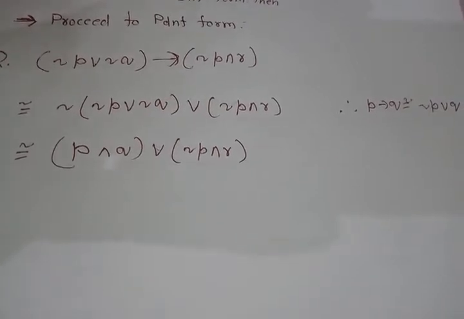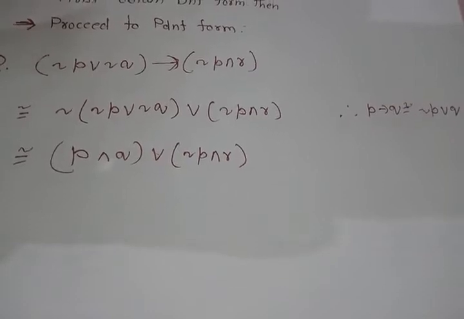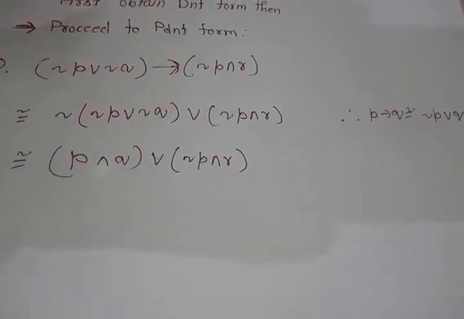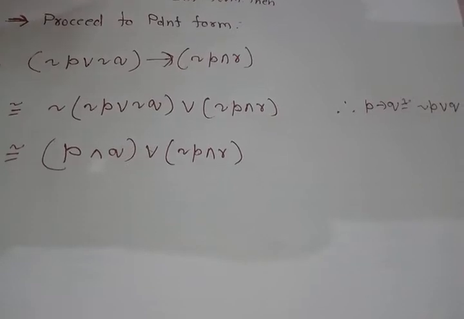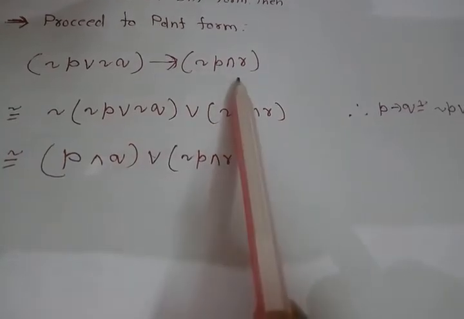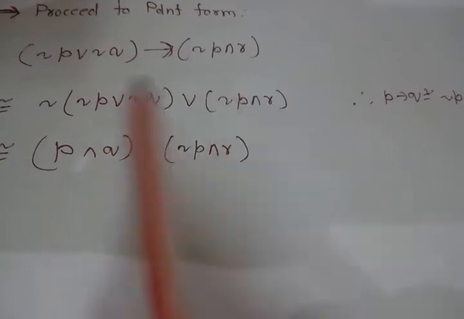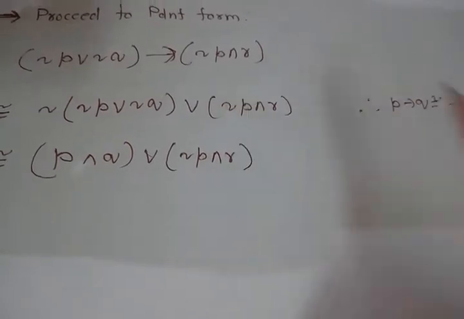To obtain the PDNF form, we see how many propositions are involved in the compound statement. Easily we can see that here are P, Q and R. There are three propositions involved in the given compound statement.